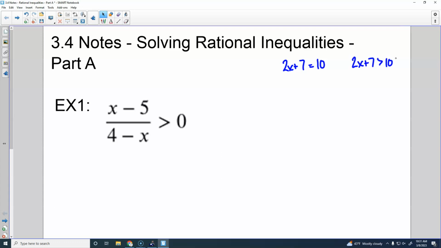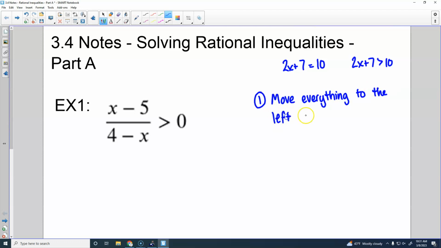Compared to solving equations, the first step, we're going to put our steps over here, is we want to move everything to the left side so that the inequality is less than or greater than, or less than or equal to or greater than or equal to 0.